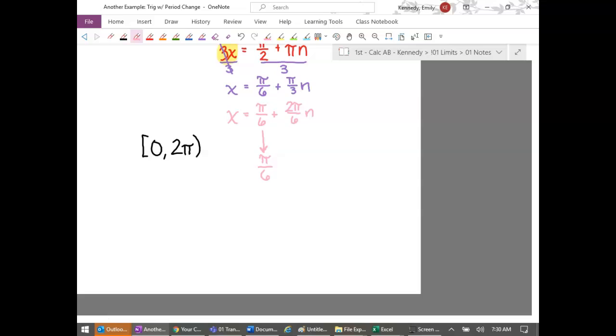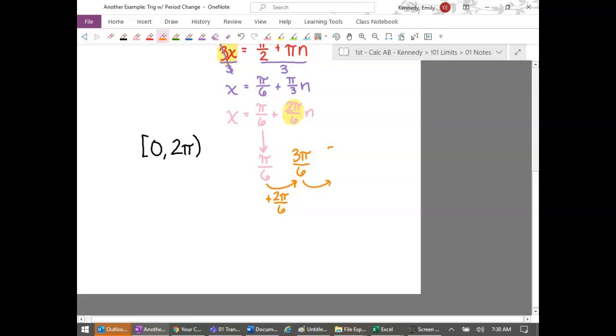It's an excluded value, whatever. And then what this other thing tells me I can do, and why I recommended getting that common denominator and leaving the n off by itself, that tells me that if I add 2 pi over 6, I'm going to get another solution. And by having the common denominator, that's really easy to do. And you can reduce that to pi over 2, but you don't need to.